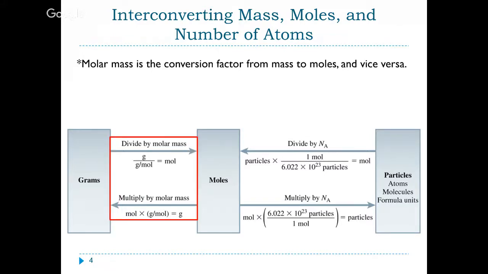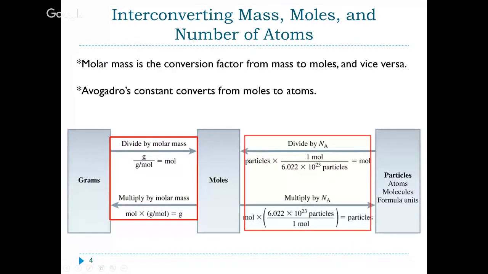So going from the mass of a substance, let's say I'm given 100 grams, I look at what I'm interested in, find the molar mass on the periodic table by looking at the atomic weight, putting that in units of grams per mole. If we divide our mass by our molar mass, we get to moles. Vice versa, if we're given a number of moles, we simply multiply by the molar mass, and that will give us a specific number of grams.